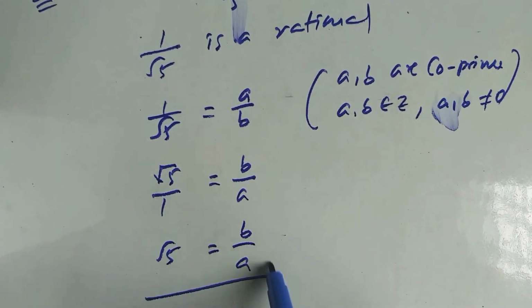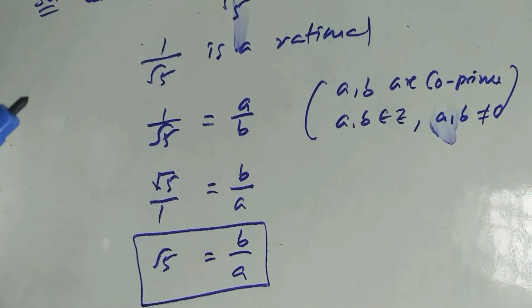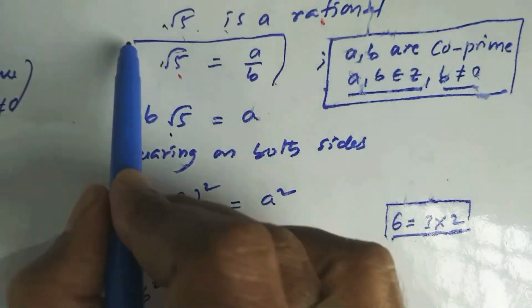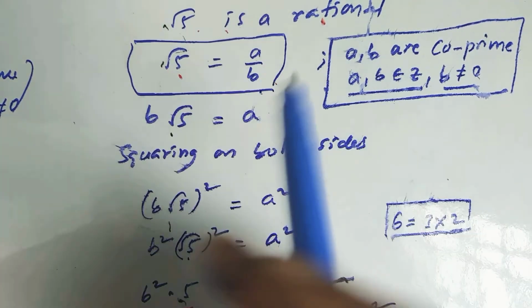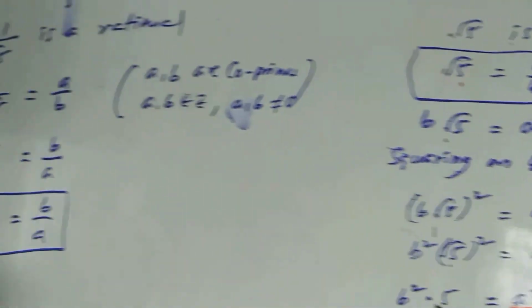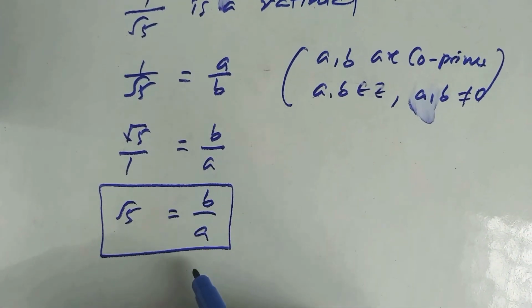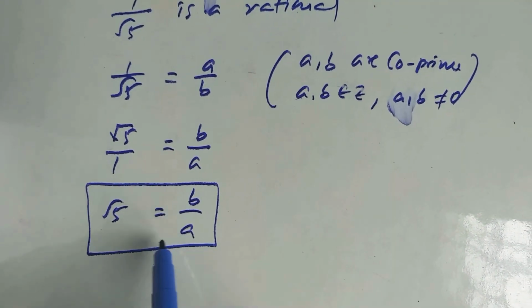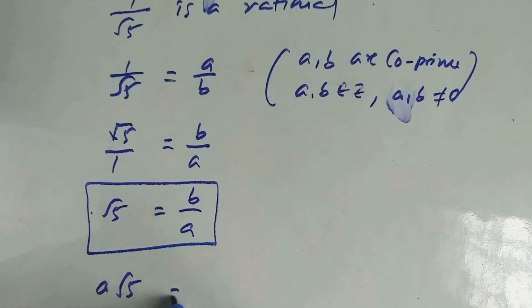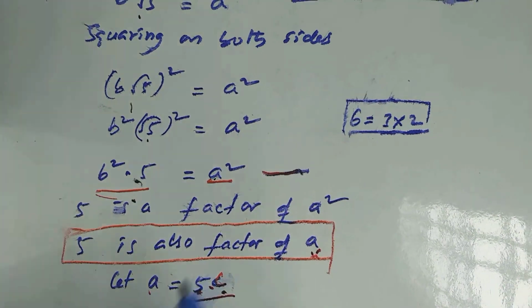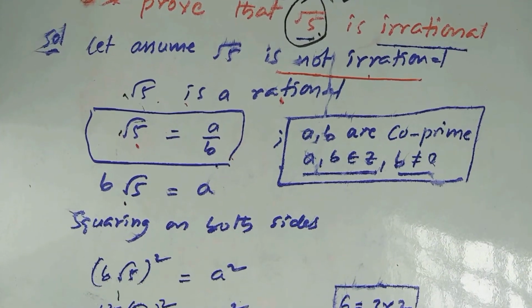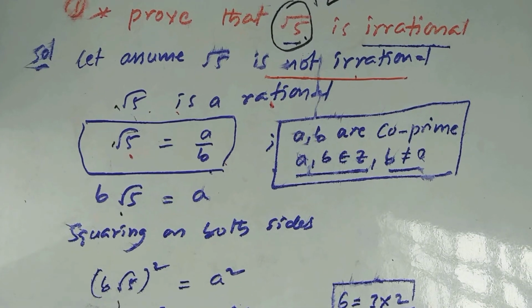This simplification we already learned. Earlier it was root 5 equal to a by b; here in our second problem it is b by a. Just the a and b places are reversed, that's all. So first the a value we will get, then the b value. Same procedure. If you learn one problem, prove that root 5 is an irrational number, you will be able to do all the problems.